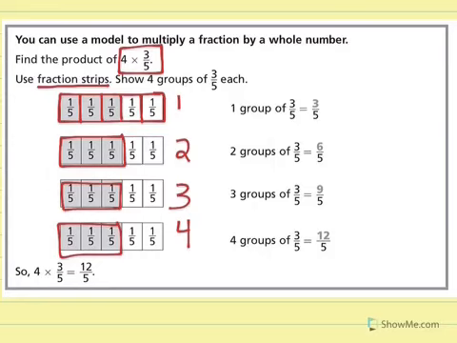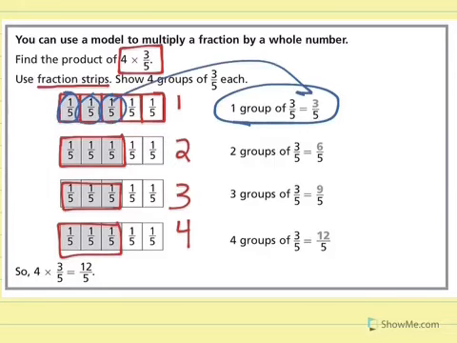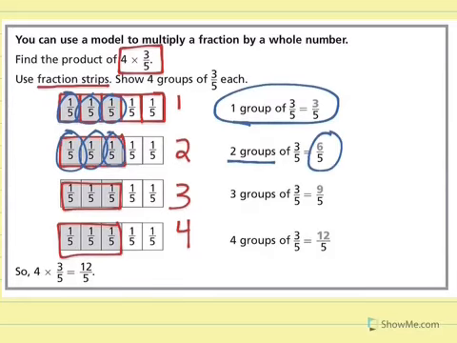So here I can see one group of 3/5. So I'd have 1, 2, 3, 3/5. In the second one, I now have 2 groups of 3/5, which would give me 6/5 total.